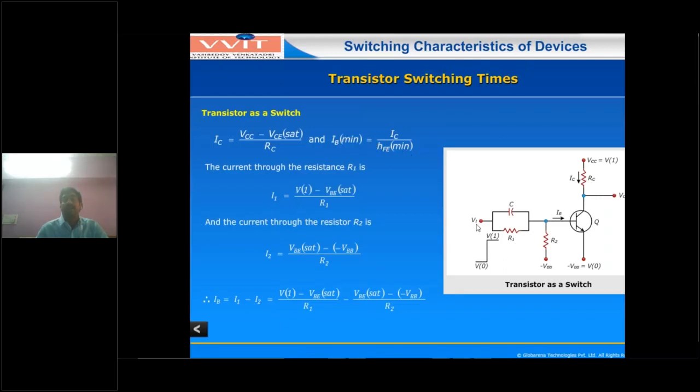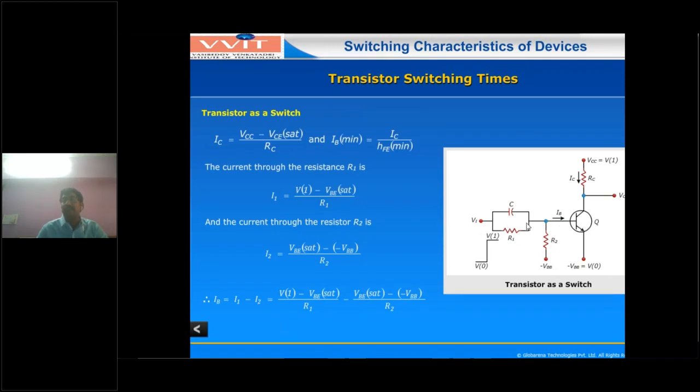Now I assume the R1 current is I1. So I1 equals V1 minus VB by this resistance R1. This is the I1 current. Assuming the R2 current is I2, I2 equals VB minus of minus VBB by R2. Now how much base current is flowing here?